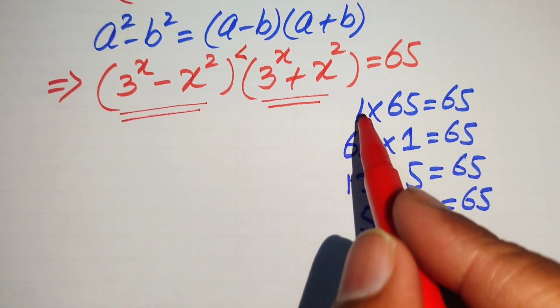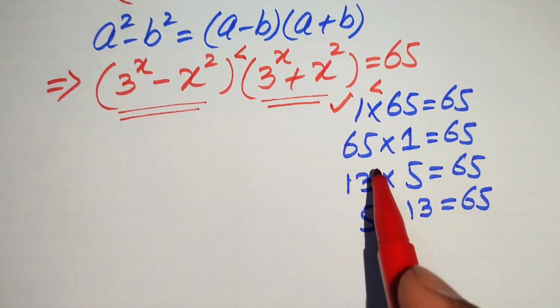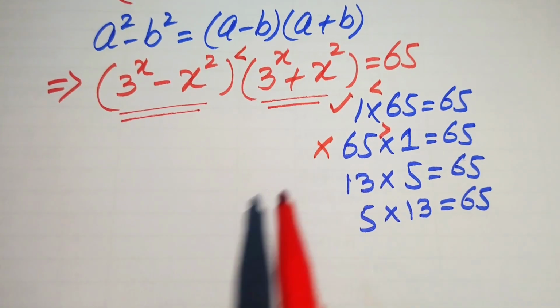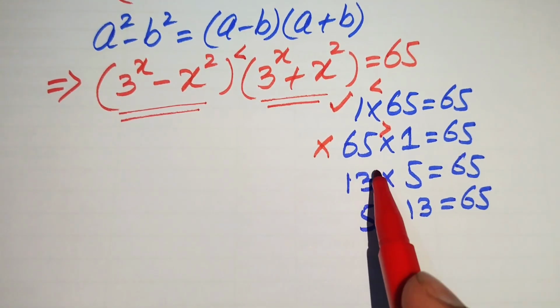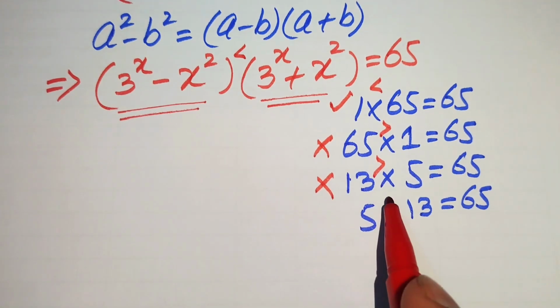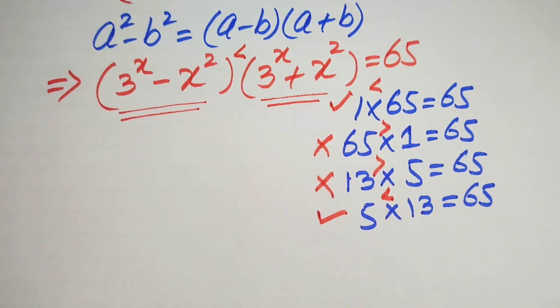So 1 is less than 65, so we accept this case. But 65 is greater than 1, so we reject this case. Here 13 is also greater than 5, so we reject this case, and 5 is less than 13, so we accept this case.